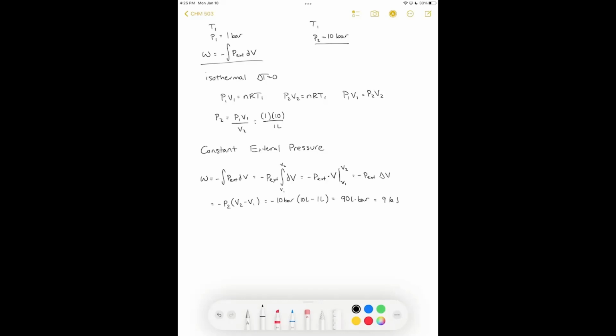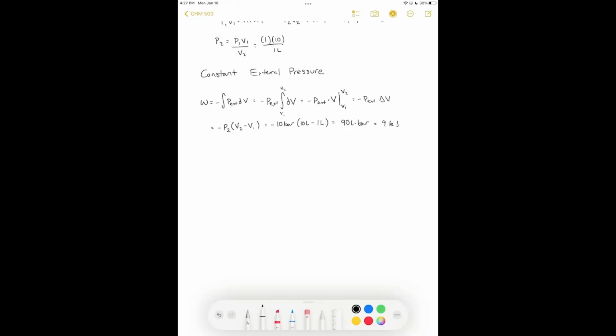This is not the only way we could do this compression. There are many more ways that we could do this compression. Let's consider another compression that we could do. So now let's imagine that we start at the same place. We start at a volume of 10 liters and a pressure of 1 bar. But now let's imagine that we have a two-step compression.